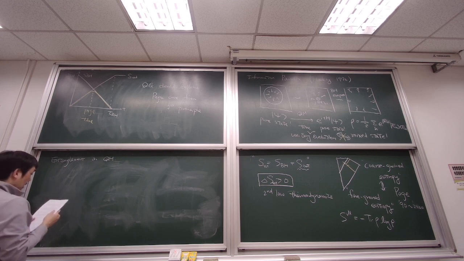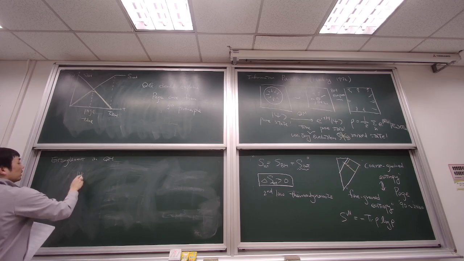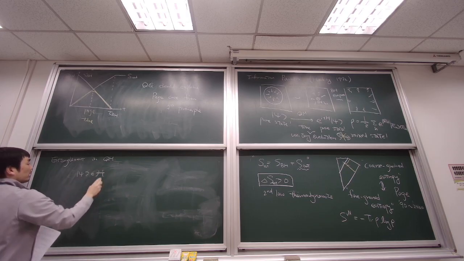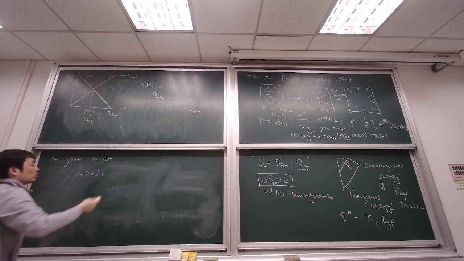A quantum state psi is in a Hilbert space. Given a Hilbert space, calligraphic H is the Hilbert space.